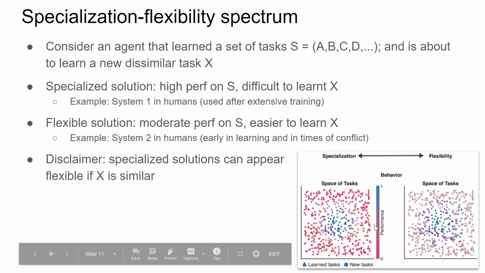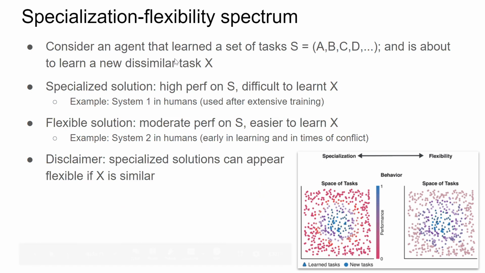To formalize this more clearly, if you consider an agent that has learned a set of tasks S and is about to learn a task X that is dissimilar, you call the solution specialized if it has high performance on all the S and it finds it difficult to learn X. And they say that system 1 in humans is one example of this, which is used after extensive training in a task. Once you get habituated, you do things without thinking.